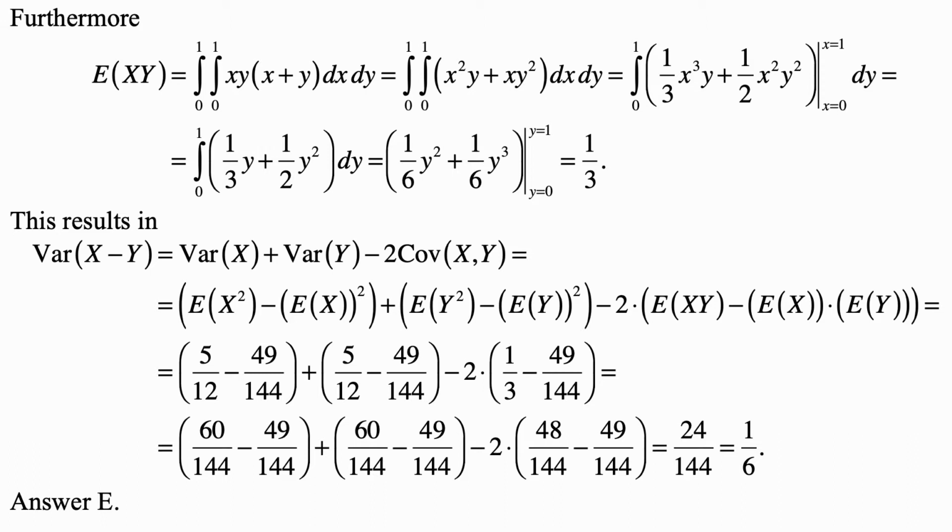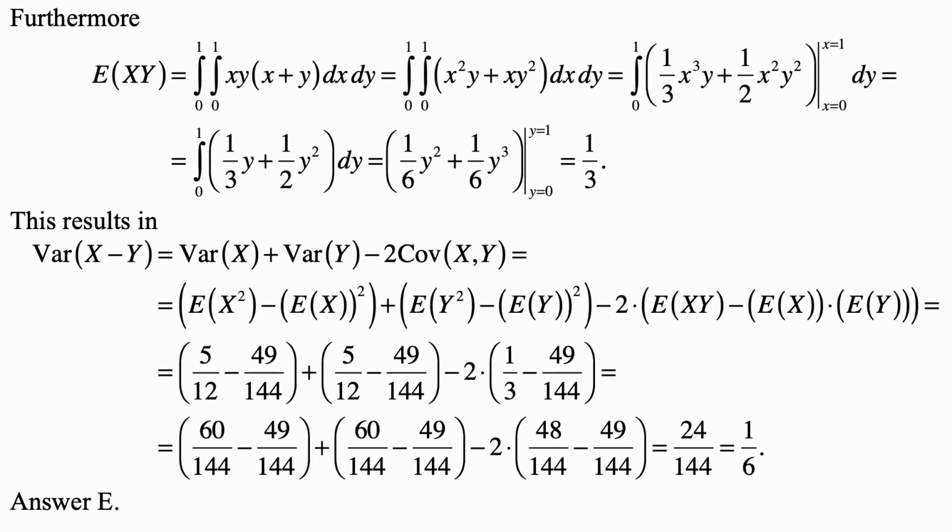And then this is 60 over 144 minus 49 over 144. And again the same, 60 over 144 minus 49 over 144. Minus 2 times 48 over 144 minus 49 over 144.